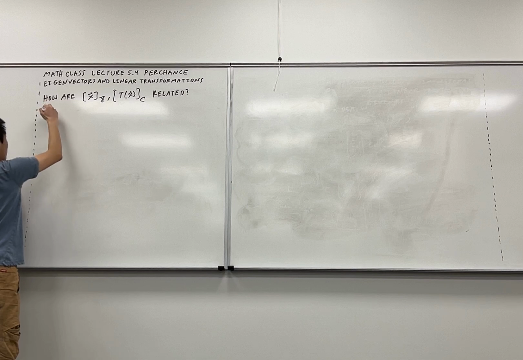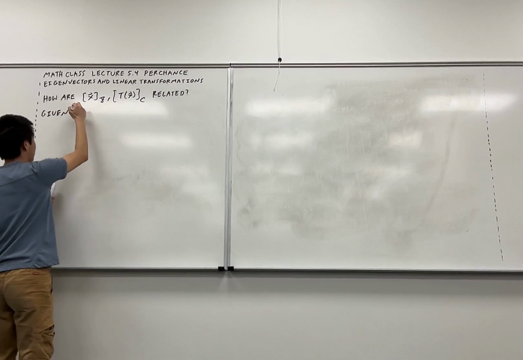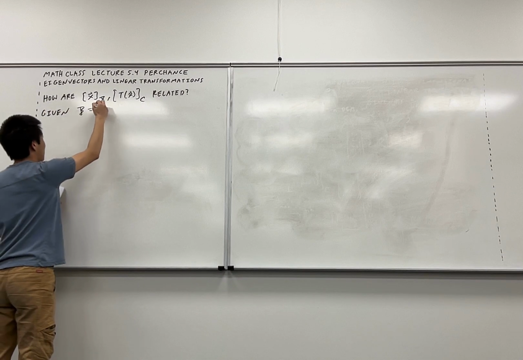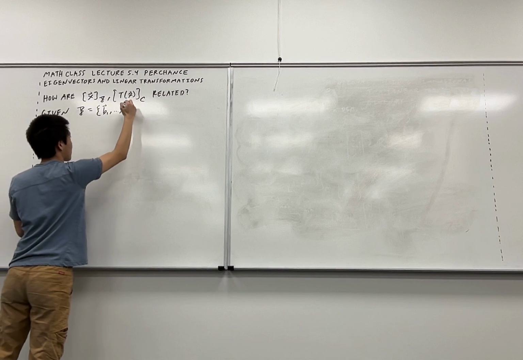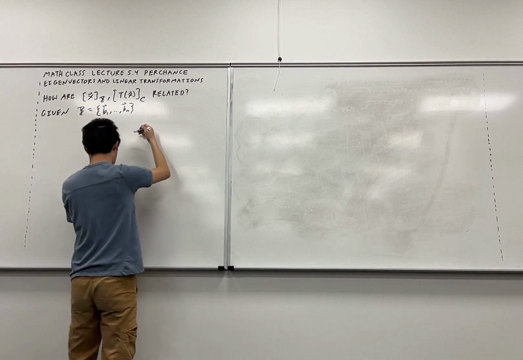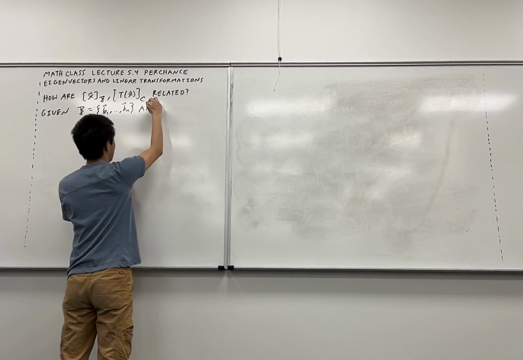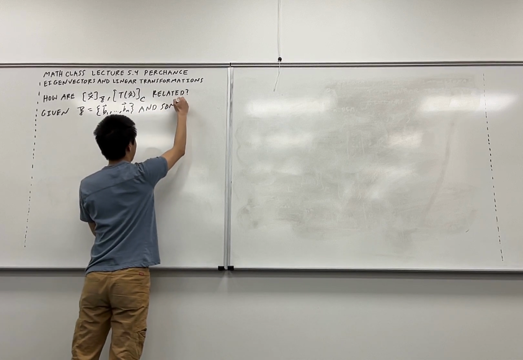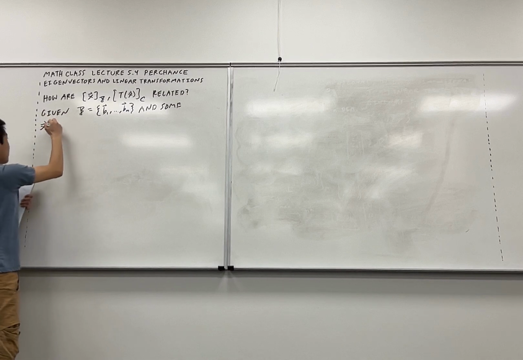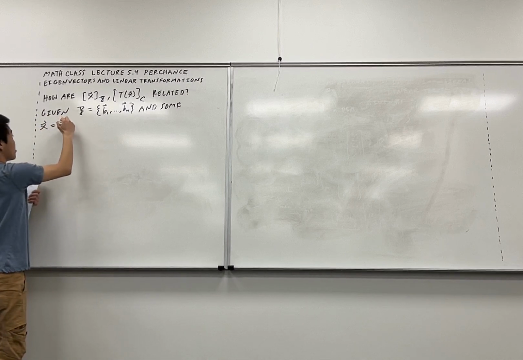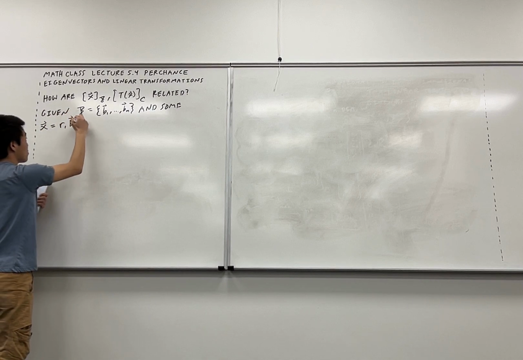So given the basis, say I know that my basis B is b1 through bn, and we have some vector x where we can use r1 b1 and so on.